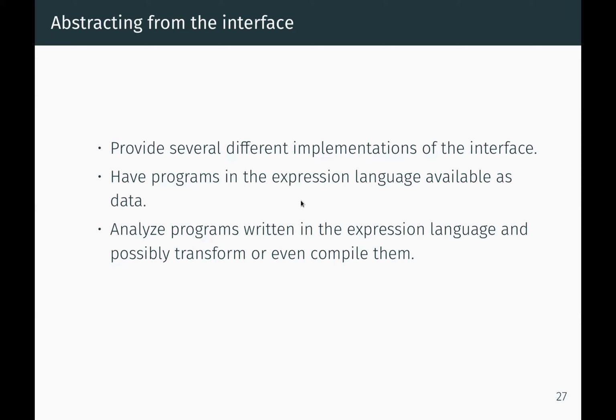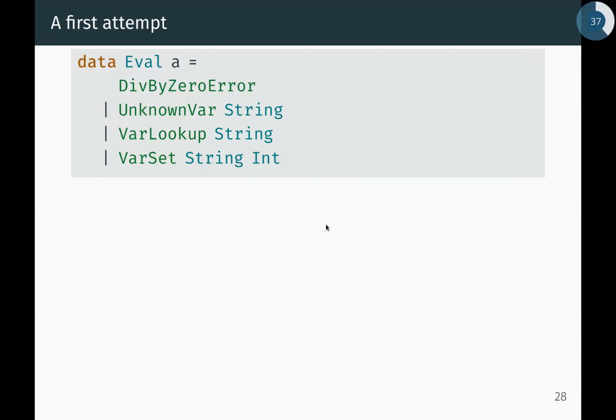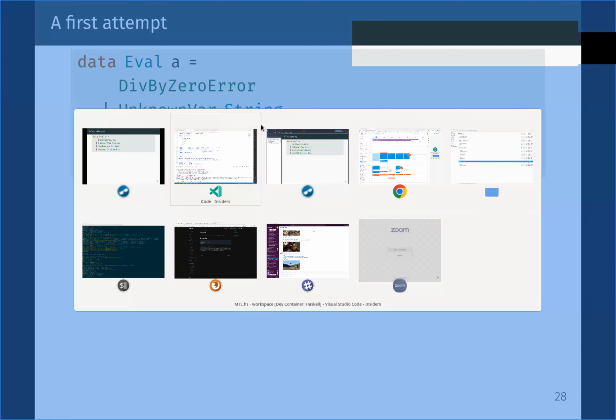And basically have these abstract expressions in the abstract monad available as data that you can then analyze and maybe transform or compile or whatever. The basic idea is to turn functions into constructors. So basically we try something like this. Let me start with that.